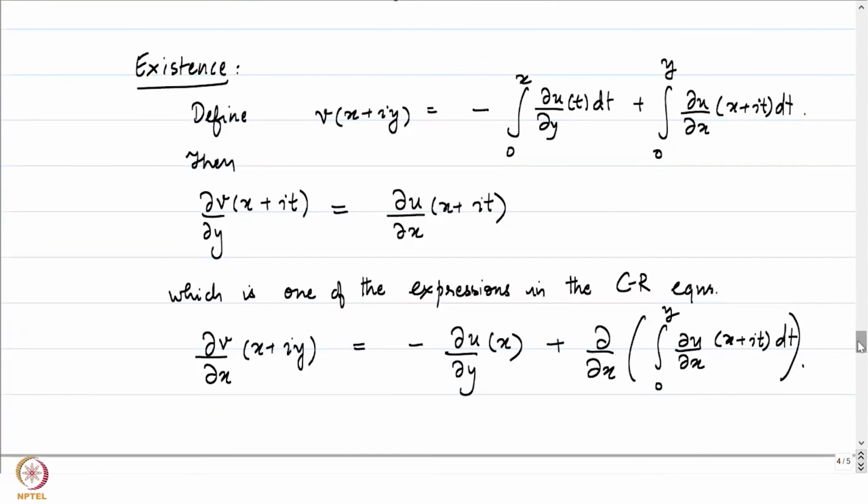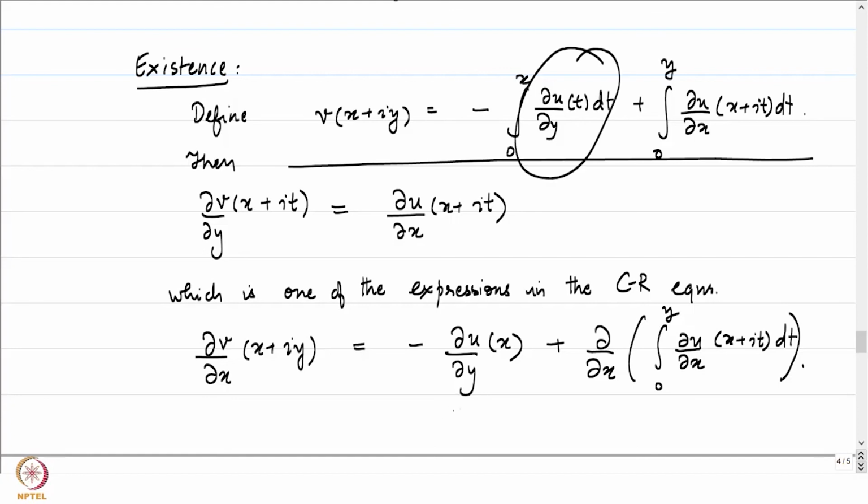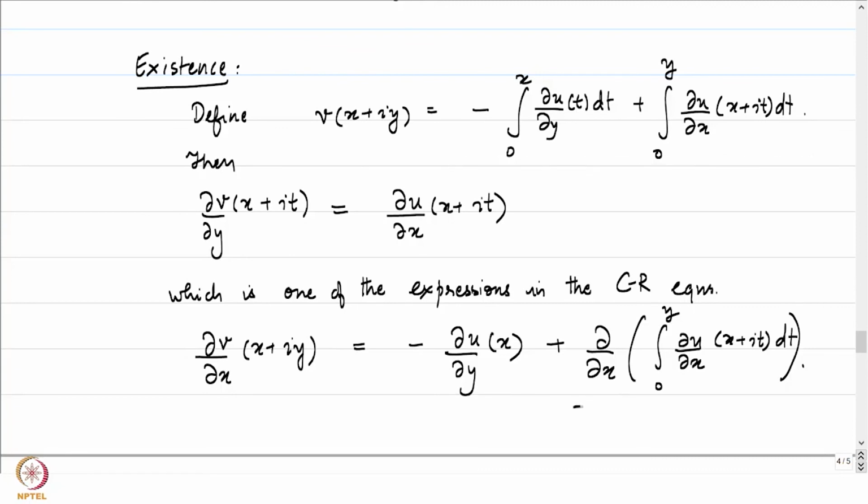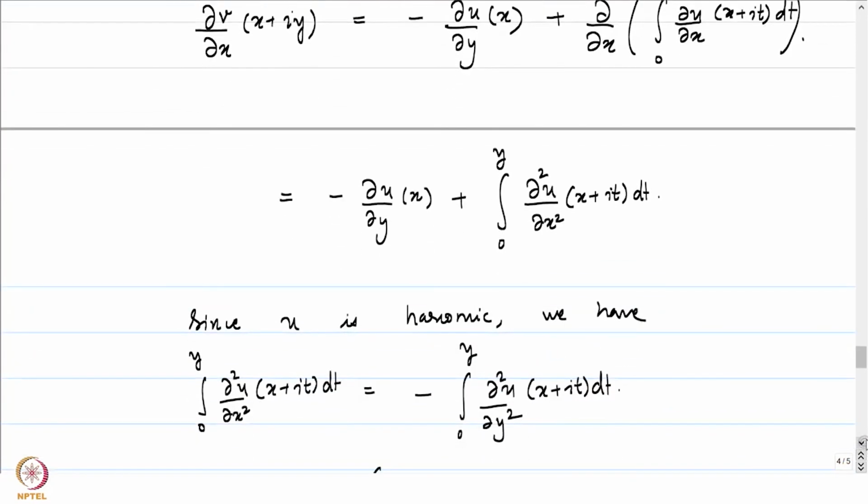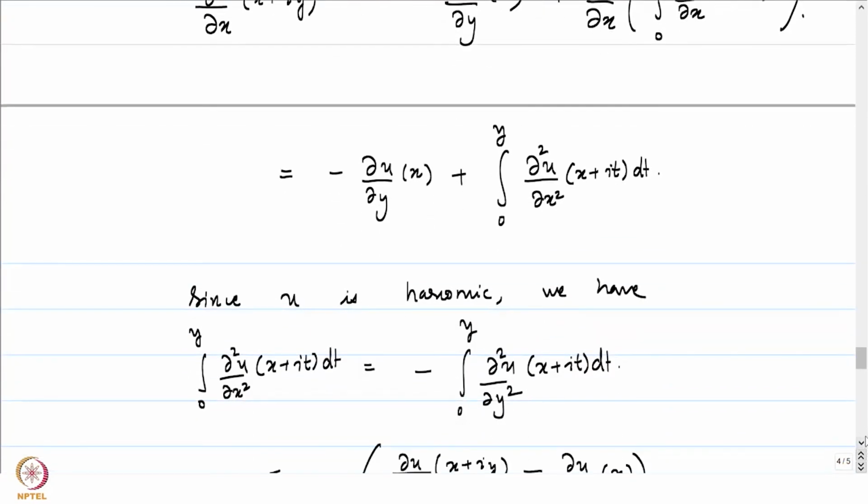So let's go back. Our definition of v is like this. So when we are taking the x derivative here, the fundamental theorem of calculus on this term gives us this term, and we are ending up with this term, right? We will now focus on this term, which is being studied here by interchanging the integral and the partial derivative operator.